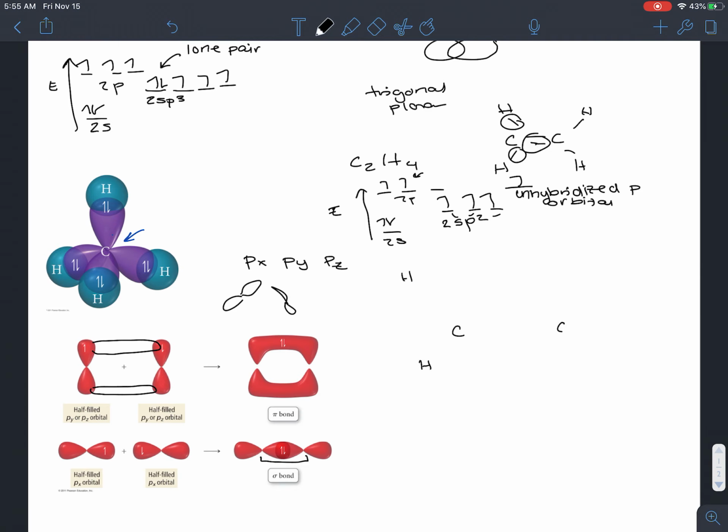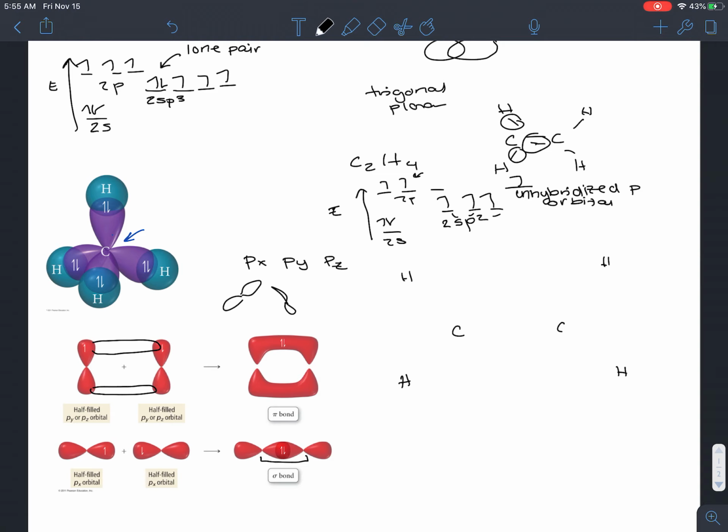So let's look at that. It's going to be kind of messy, but if we have carbon and carbon, and then we have the hydrogens around, it's very unsymmetrical. Let me fix that. Okay. So sp2, trigonal planar shape.